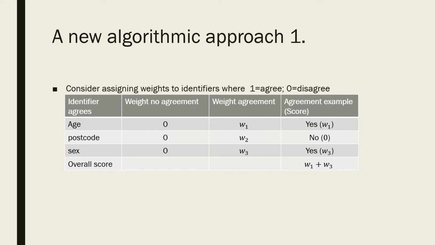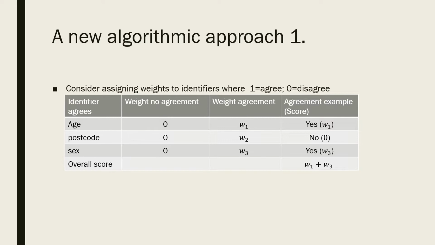James referred to this when he said that what many people, if not most people, do is they take the series of weights and they choose a threshold, and a pair that has a weight above that threshold is regarded as a true match, and below the threshold as not.